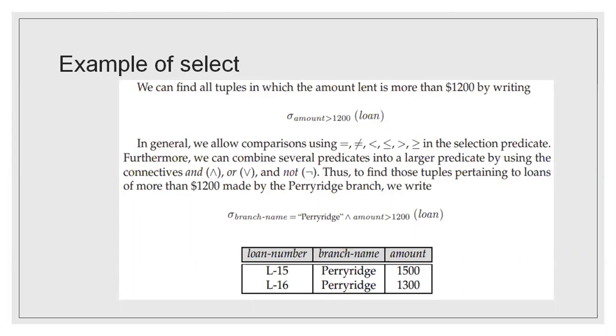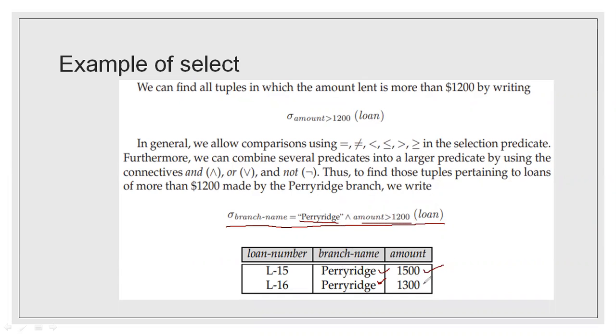Now in combination, branch name equal to Perryridge and amount greater than 1200 for the table loan, all the tuples with branch name Perryridge will be displayed, but with one more predicate, one more condition, that the loan amount is greater than 1200.